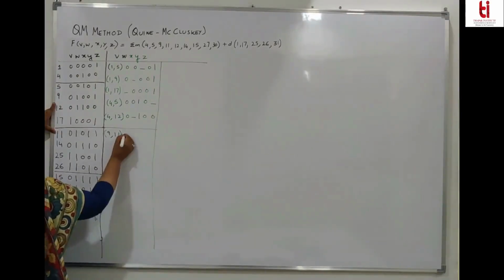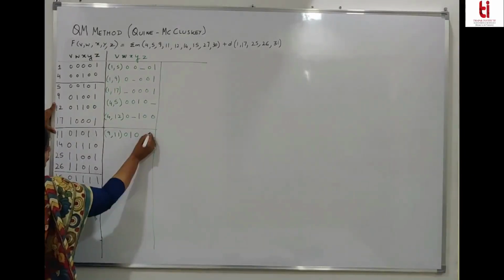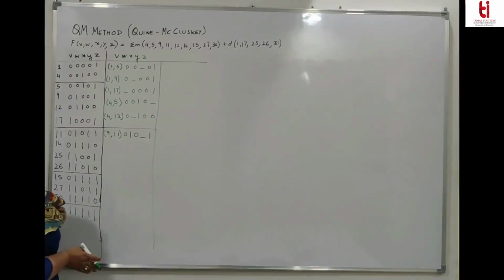So where? 0, 1, then 0, dash. 12 comma 11 cannot be done because 11 is smaller than 12. 17 comma 11 is also not possible because 11 is smaller than 17.